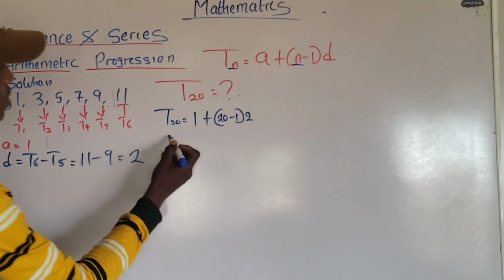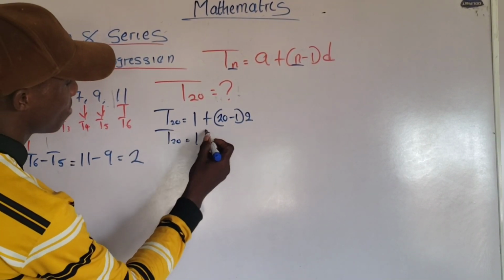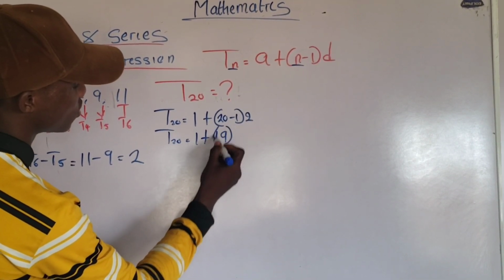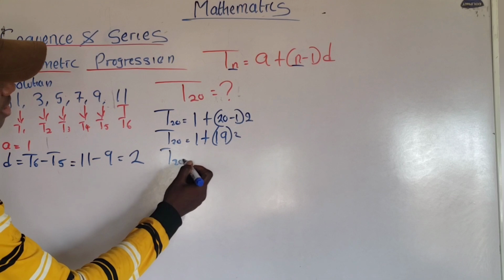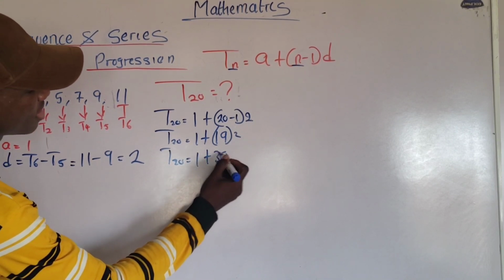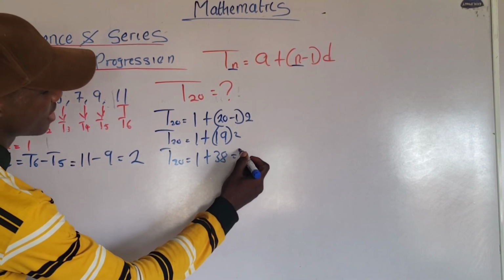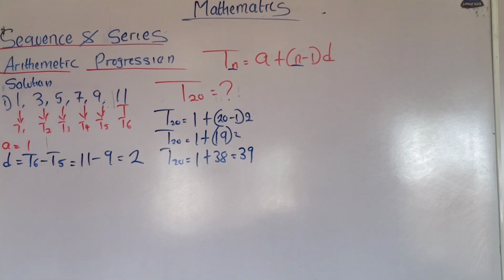Here I'm going to have T20 equals 1 plus 19 multiplied by 2. 19 multiplied by 2 will give us 38. So T20 equals 1 plus 38, which is equal to 39. So that is the value of T20.